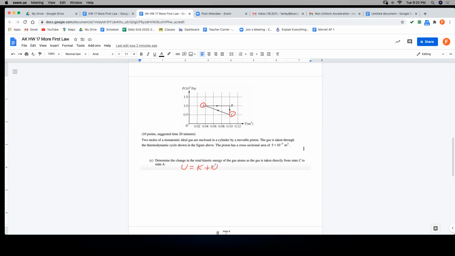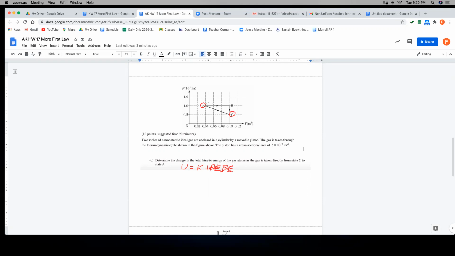Let's call it PE. But in an ideal gas there is no potential energy, so basically the kinetic energy is the same as the internal energy.